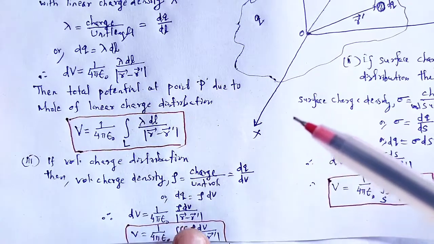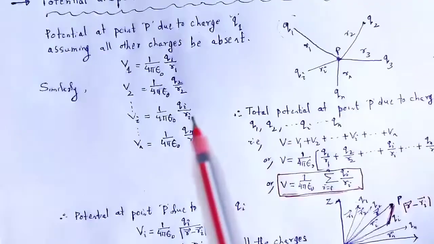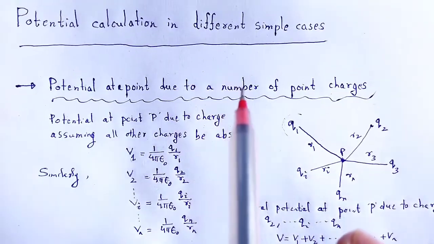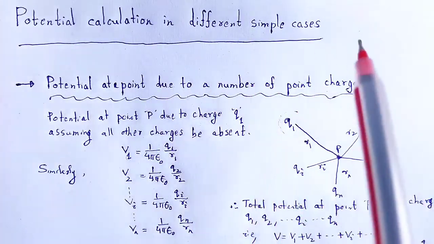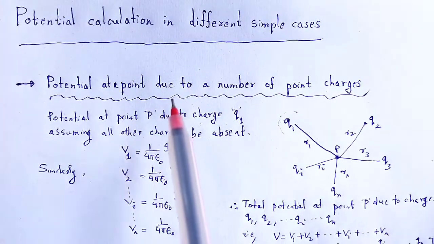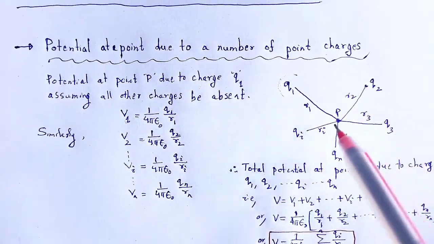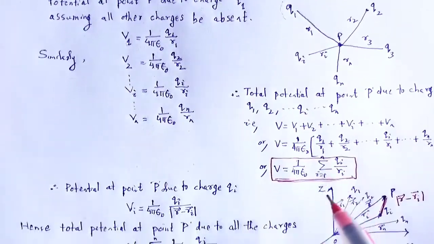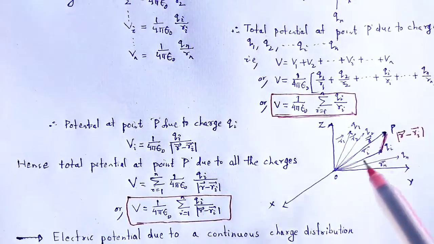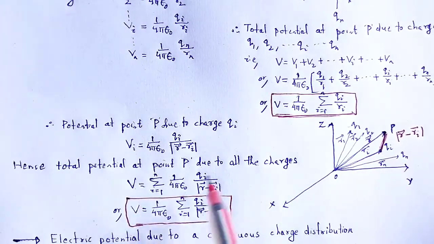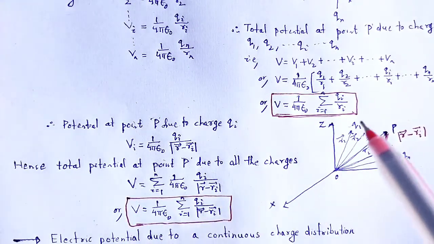These are the different aspects of potential calculation, in different simple cases. When the potential at a point is due to a number of point charges, that is the expression for the total potential.